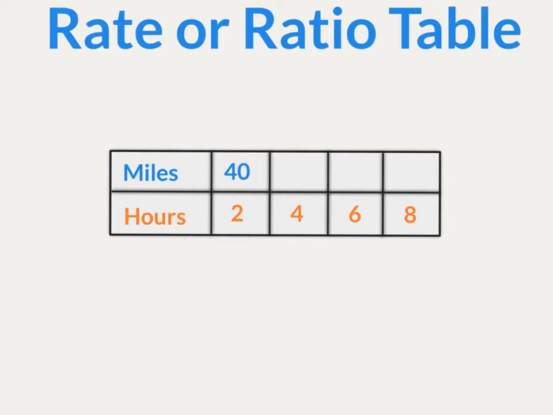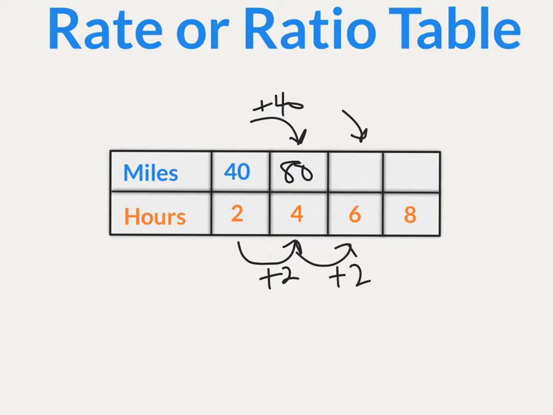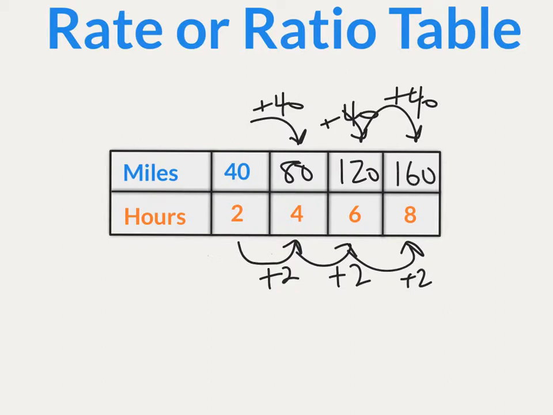In this particular rate table, we can see that we're traveling 40 miles in 2 hours. We would expect then, as the hours increased by 2, that the miles would increase by 40. And that if that were the case throughout the entire table, we would see that if we traveled 40 miles in 2 hours, then we would have traveled 160 miles in 8 hours.